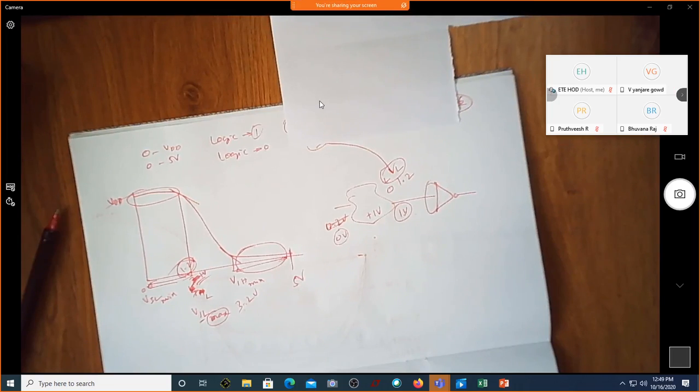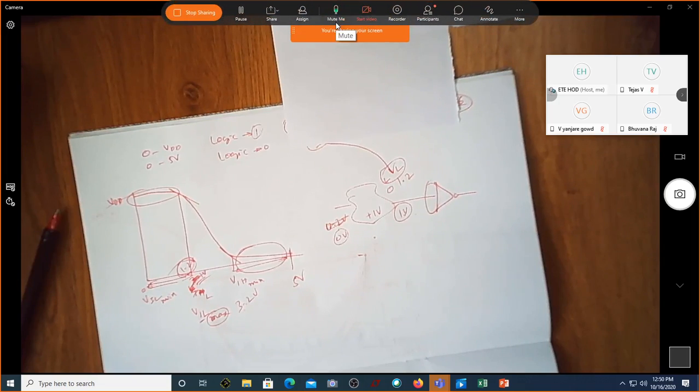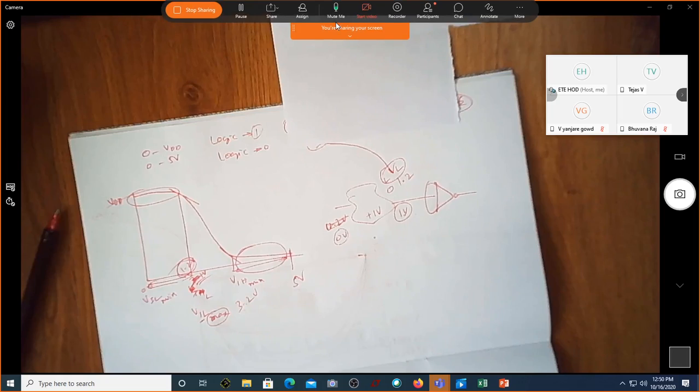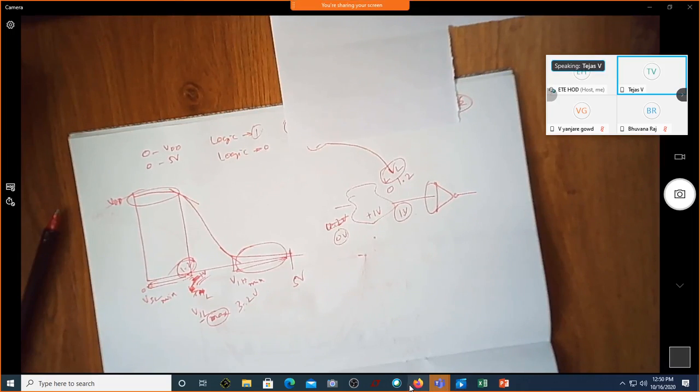Sir, if the current curve were steeper and steeper, then it would have been possible, sir. Tejas, proceed. Sir, if the output current curve is steeper and steeper, then it is possible to shift these VIL and VIH.